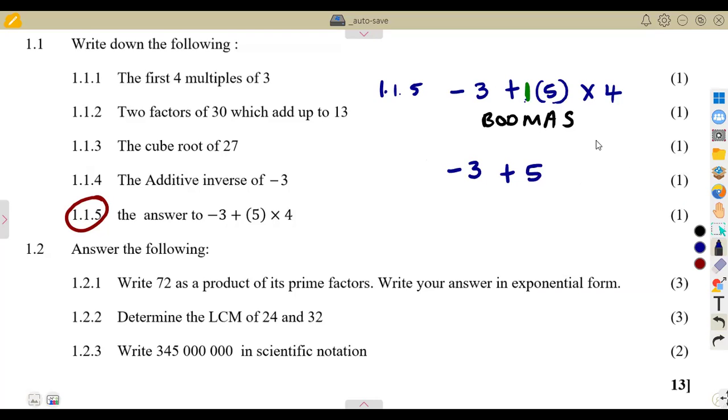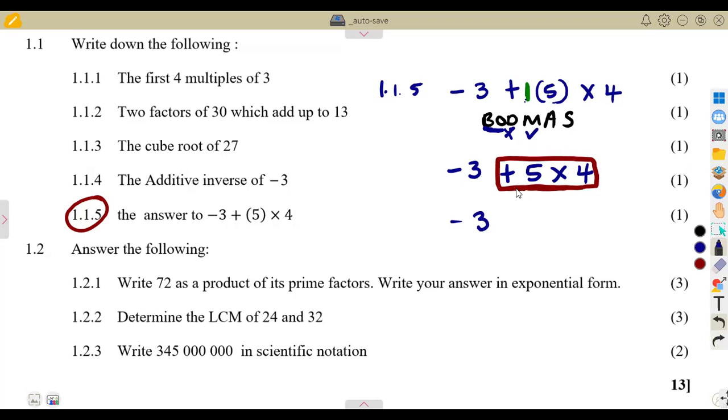You've removed the bracket, but there's still a times 4. After removing the brackets, you check: is there a division? No. Is there a multiplication? Yes. So you must multiply these two numbers.